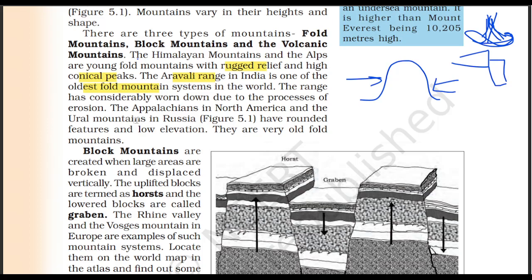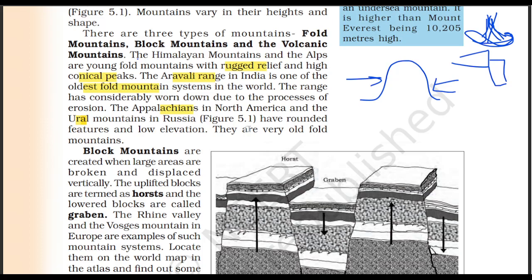Old fold mountain means the Aravalli, the Appalachian, and the Ural are fold mountains, but these are old fold mountains. There is a difference between an old man and a young man or young boy.